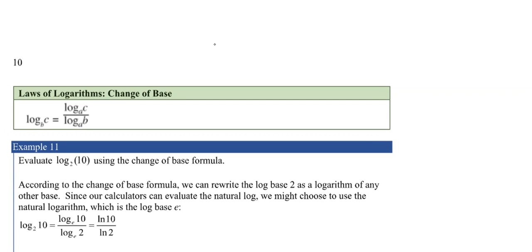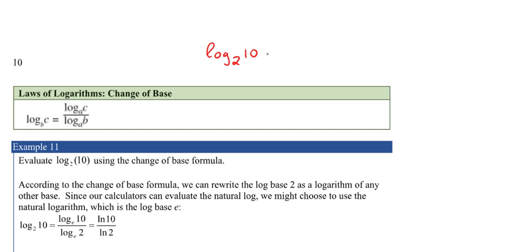So let's write out our problem. Let's say we had the one above, log base 2 of 10. According to this law, my b value is 2 and my c value is 10.